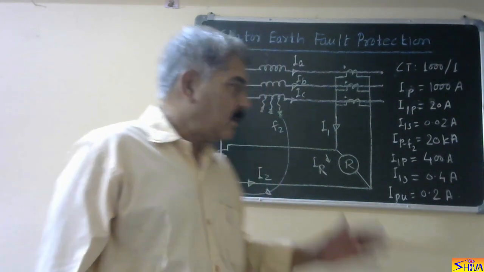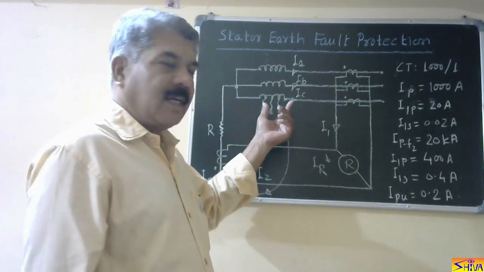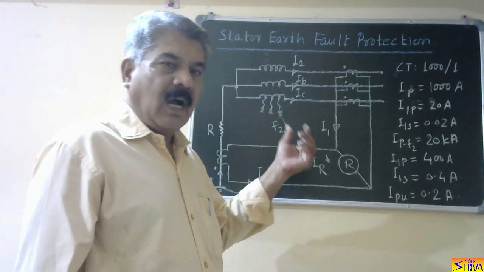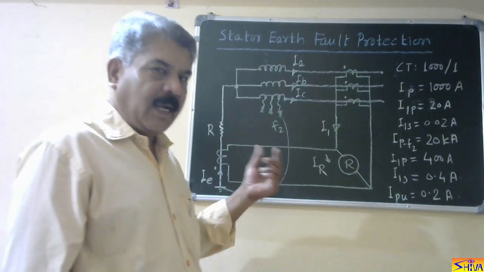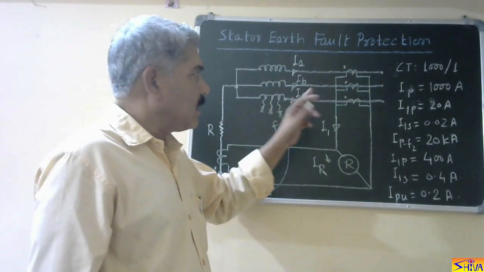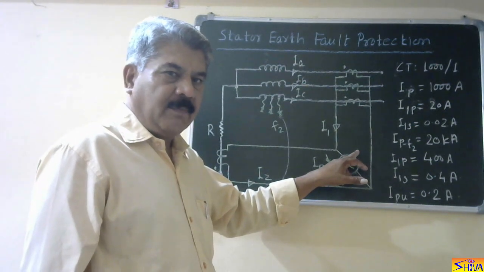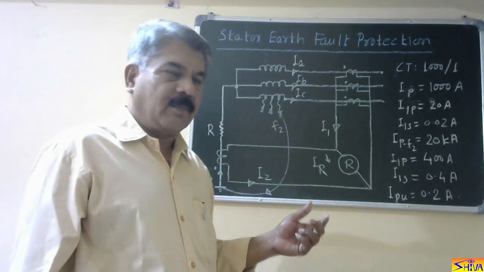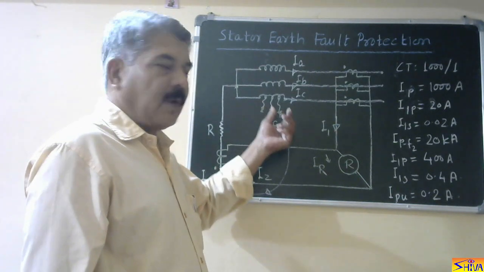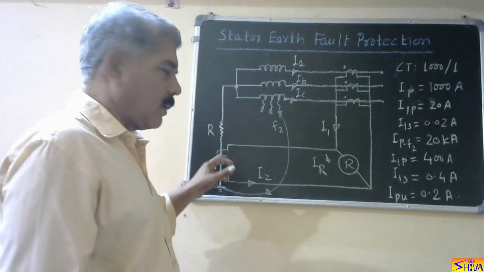Therefore, this type of scheme is protecting only a certain percentage of the winding away from the neutral point. Normally this percentage is 80 to 90%. So this restricted earth fault protection as well as balanced earth fault protection is protecting only 80 to 90% of the winding away from the neutral end, because we are using neutral grounding resistance.